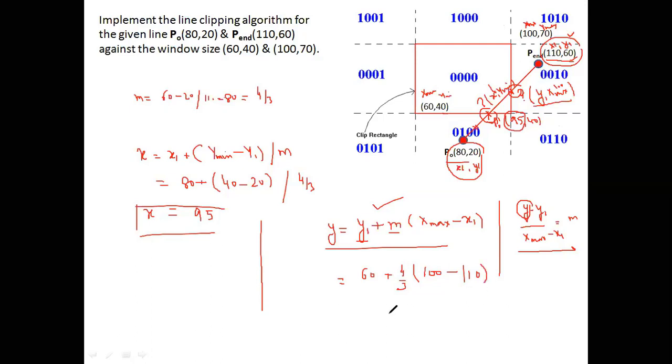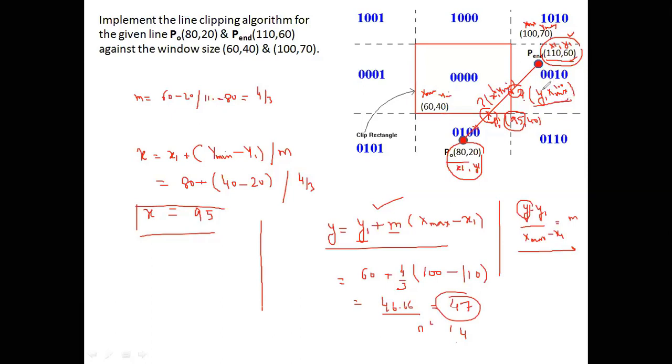So with 110, you will come across 46.66, I think. Then you can make it 47. So this intersection point will come as Pn dash, that will be your 47. So this is the value of y at x max.